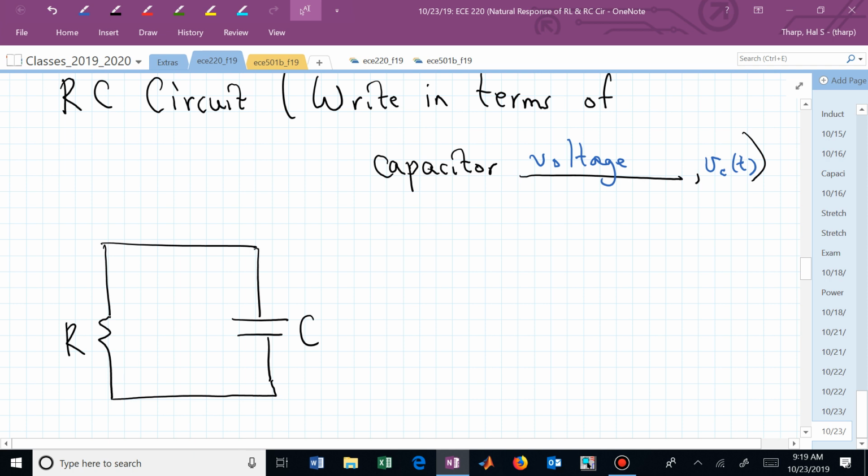What do you think we're going to use for the capacitor? Its dual, which is KCL. Let's write a KCL equation, and hopefully we'll have an equation that's written in terms of this state variable, which is the capacitor voltage.